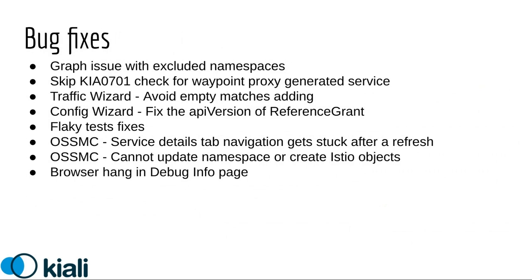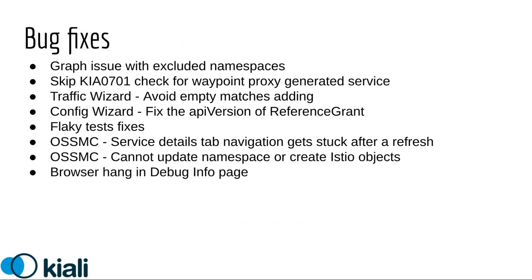No need to validate them. In Traffic Wizard, there was a problem with adding empty matches there, so it is fixed now. In Configuration Wizard, there was a problem with reference grant of Gateway API version, which is also fixed. We had a bunch of flaky tests which were fixed.